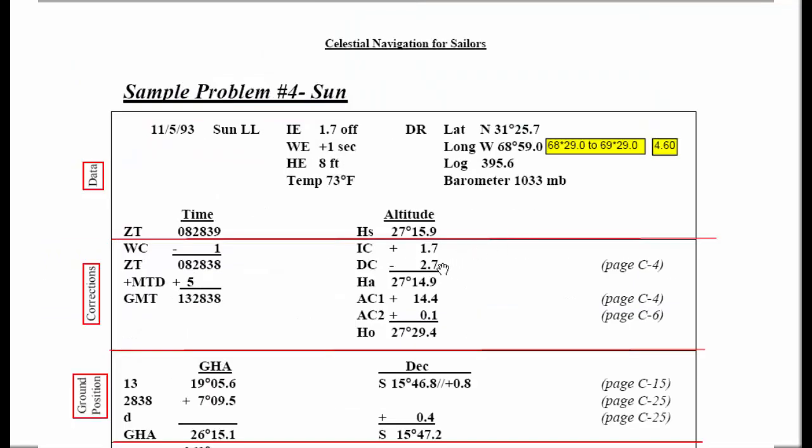And you see that here, minus 2.7 from appendix page C4. So you have HS, and you add to that 1.7 minutes for index correction, and you subtract 2.7 minutes for dip correction. And with that arithmetic, you then get the apparent altitude, 27 degrees, 14.9 minutes.